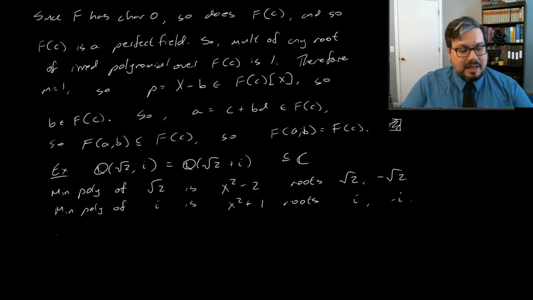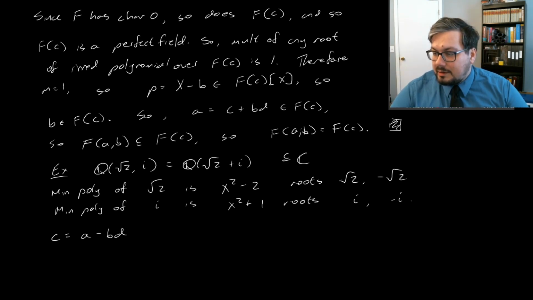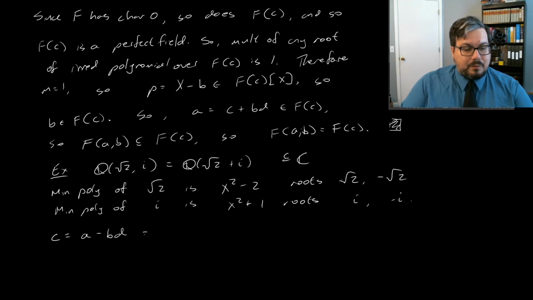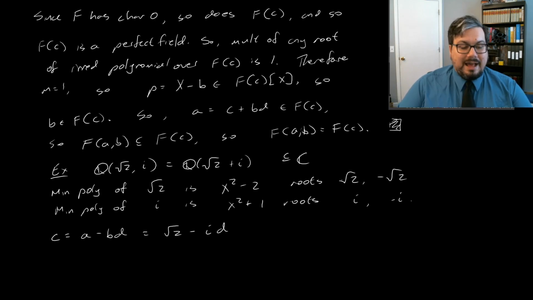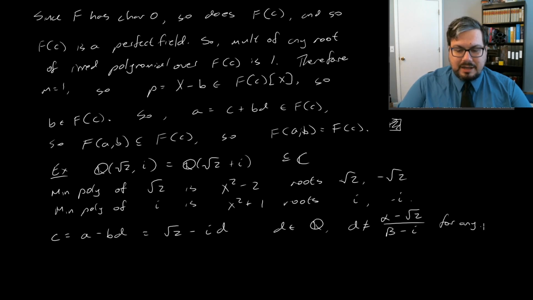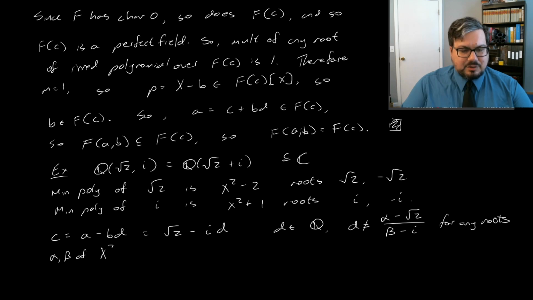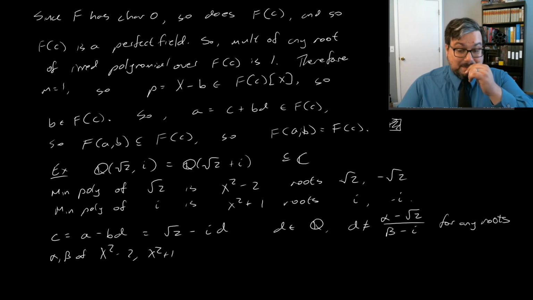So this means that we can take our c to be a plus or a minus bd, where a is √2 and b is i, so long as d is in Q, and d is not equal to (α − √2)/(β − i) for any roots α, β of x² − 2 and x² + 1, respectively.